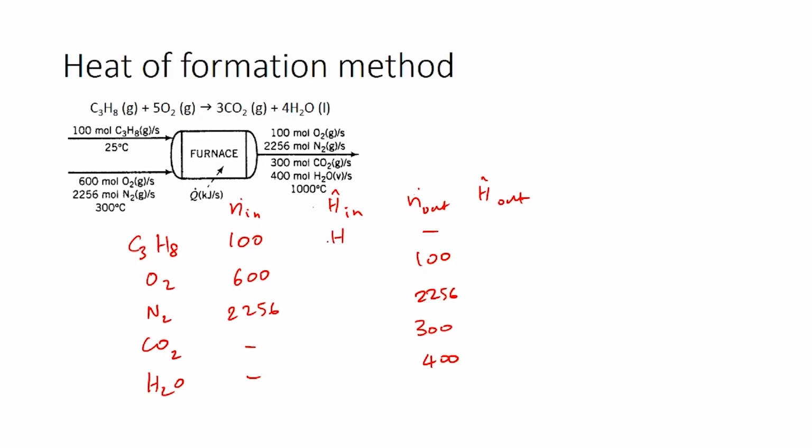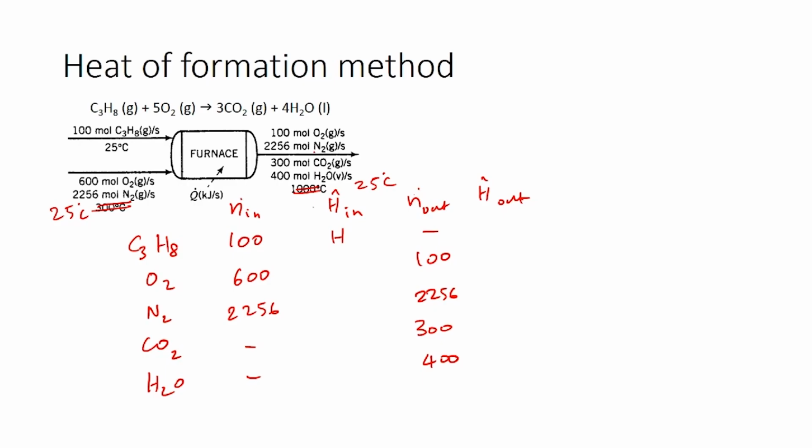So, let us for the time being not worry about the temperature. We will just assume all these temperatures to be at 25 degrees Celsius only. As I said, we are not worried about accounting for the change in temperature, because that is anyways accounted for in both the techniques the same way. We are only interested in knowing how the reaction itself is accounted for. So, we will assume these components to also be at 25 degrees Celsius.